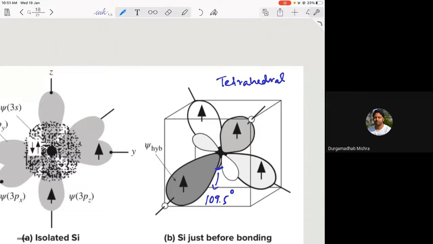They arrange the sp3 hybridized orbitals in a tetrahedral symmetry.